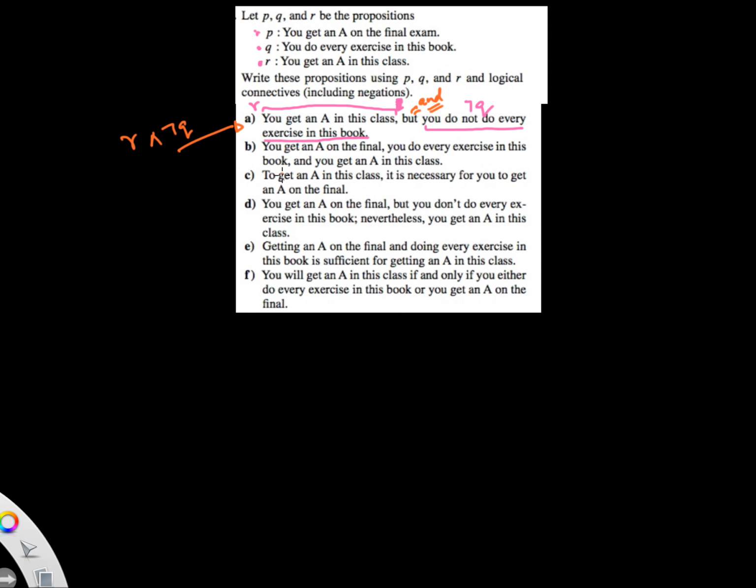Okay, let's look at part B here. Part B is you get an A on the final, you do every exercise in this book, and you get an A in this class.